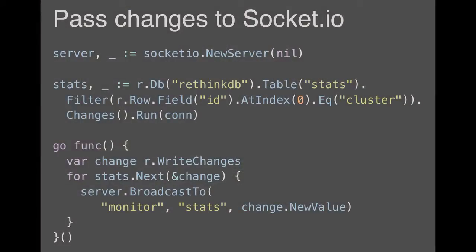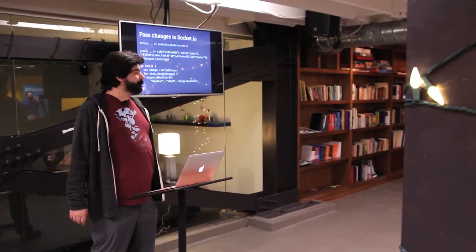Normally that would be a blocking operation. It would block the main thread of execution. So here's where Go helps us out. We can use a goroutine, a go func expression, and iterate over the cursor in that goroutine. That just magically makes it happen in the background, so it's not blocking the main thread.